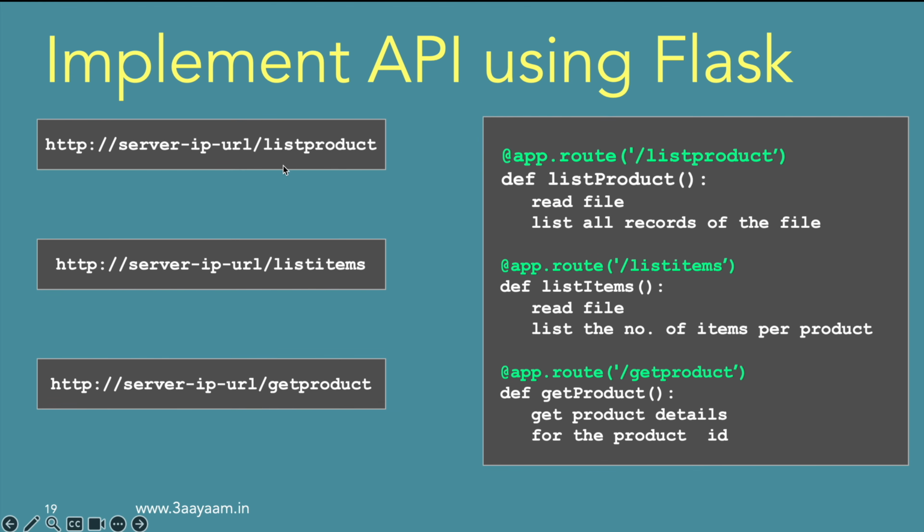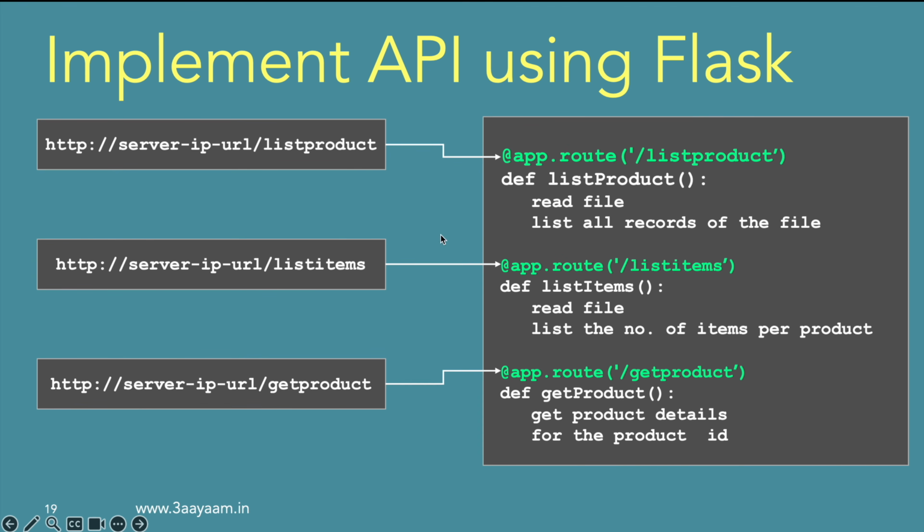Now I'm mapping this list product with this definition. So @app.route followed by the name of the API. So the moment we do that, this API is mapped with the function list product. Same is the case with the second one. List items is mapped with the function list items, and get product is mapped with the function get product using this special line.